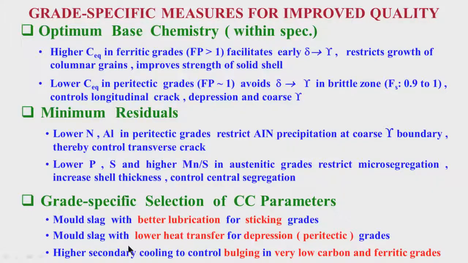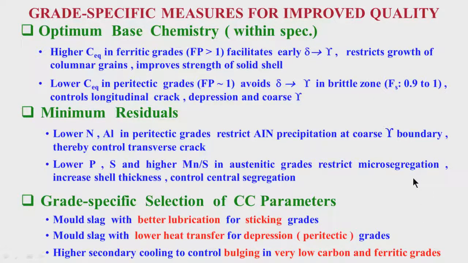Therefore, you use slightly higher secondary cooling and uniform secondary cooling. The gradient of secondary cooling is important. Do not use suddenly high and suddenly low, that might create a temperature gradient. It has to be uniformly coming down from top to bottom of secondary cooling, but relatively the intensity has to be slightly more for this type of grades where you have bulging, then only you can resist crack formation.